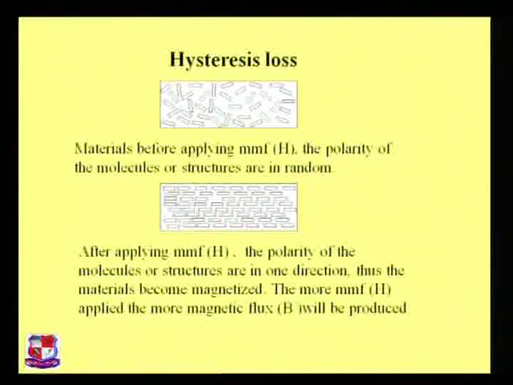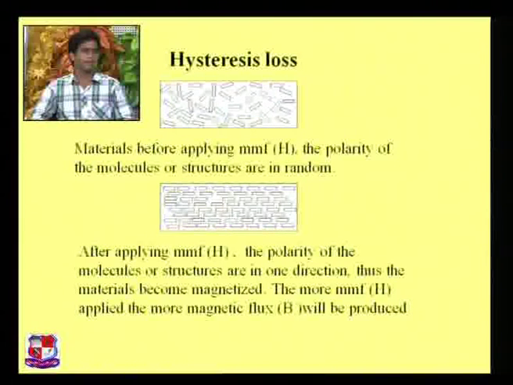Here we can see that before applying the MMF, the polarity of the molecules or structure are in random. So the molecules are random if we are not applying the MMF. And after applying the MMF, all the molecules will be aligned in one direction.